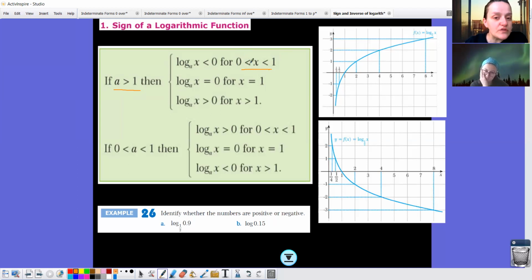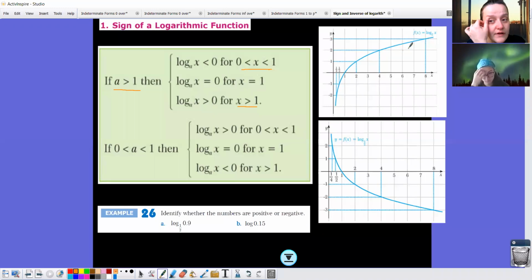If x is between 0 and 1, the logarithm of x to the base a is negative. If your argument x is 1, your logarithm is always 0. And if your argument is greater than 1, the logarithm of x to the base a is greater than 0.